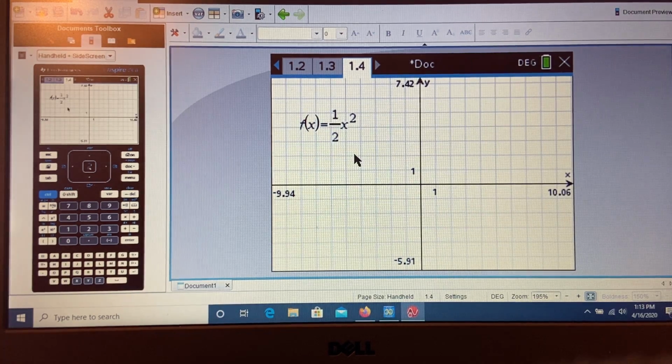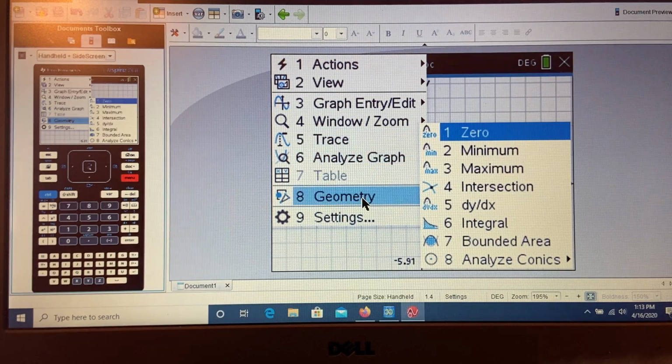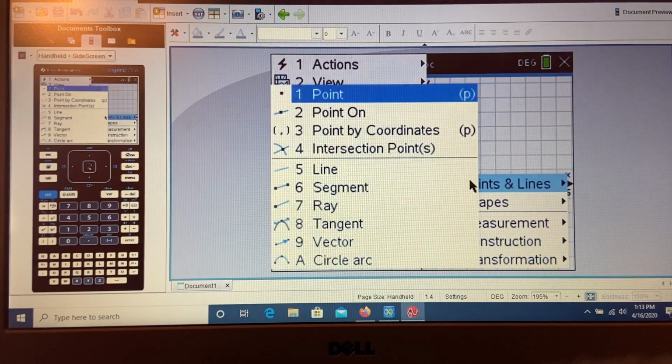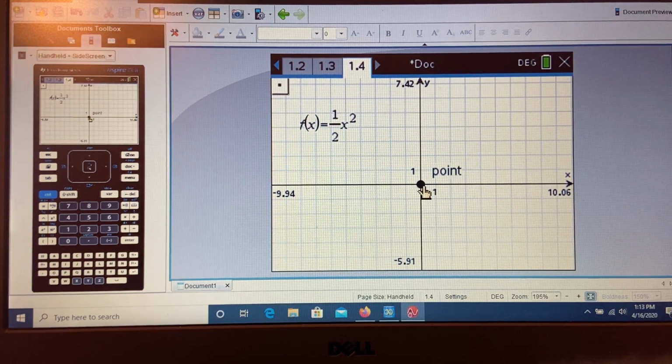So if we have an equation that we know is going to be wider than the parent function, in this case our vertex is still 0, 0. So we'll go to geometry and graph our points. So our vertex is at 0, 0. It is positive, so it opens up.